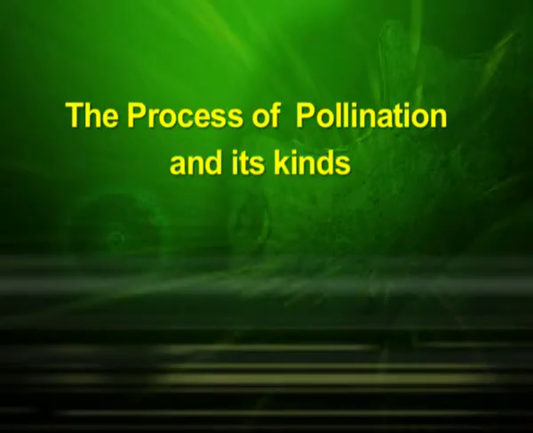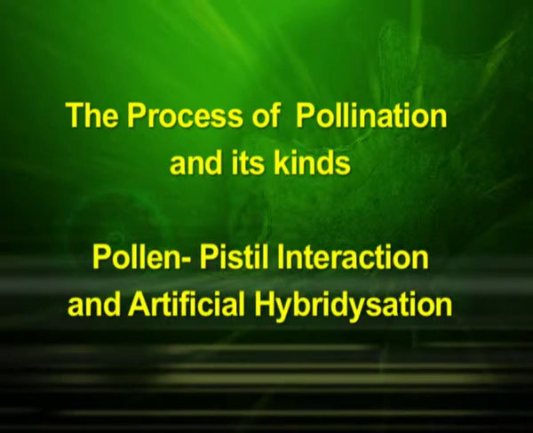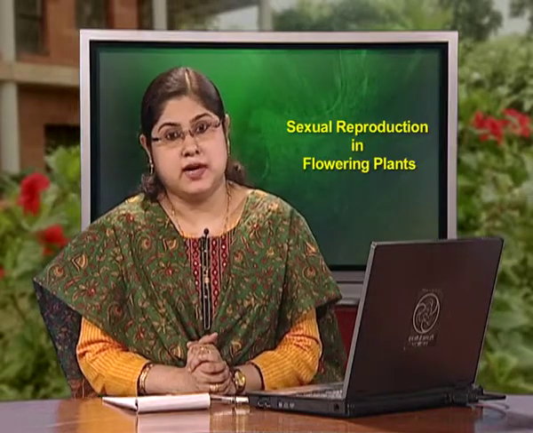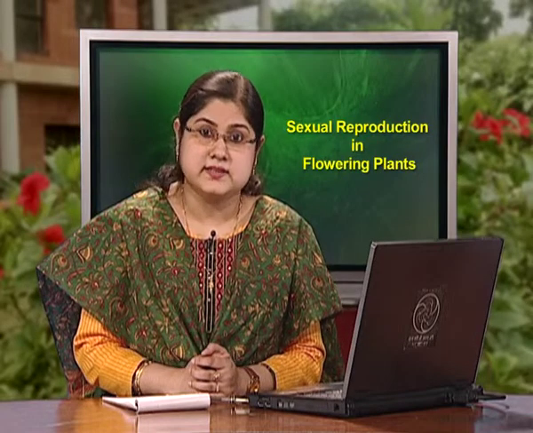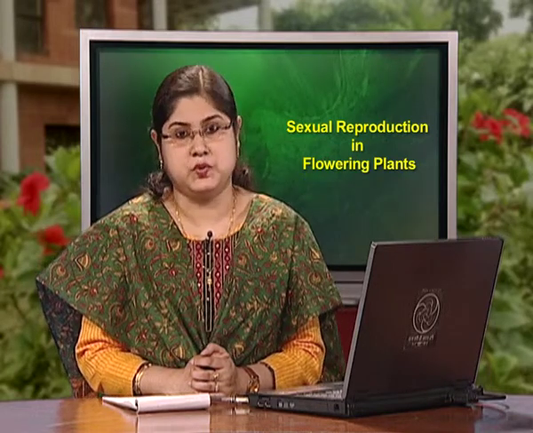In the next episode, we will focus on the process of pollination and its kinds, pollen-pistil interaction and artificial hybridization. The point for thinking for this part of the lesson is: which part of the gynoecium develops into fruit and seeds? We will discuss this point in the next part of the program.